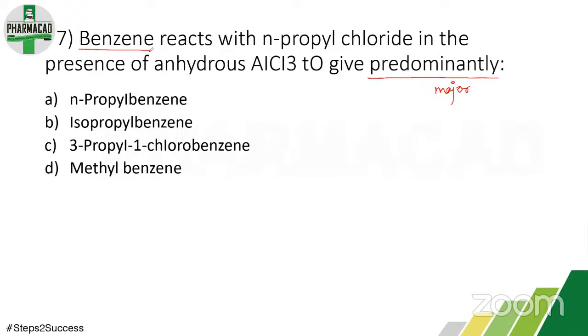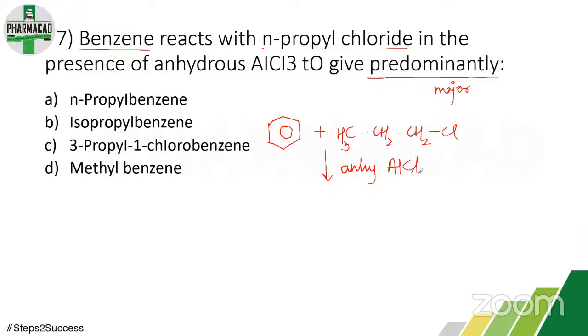So benzene with n-propyl chloride. Propyl means 3 carbon atoms: CH3, CH2, CH2, Cl. This is n-propyl chloride in the presence of anhydrous AlCl3, a Lewis acid. So this reaction is Friedel-Crafts alkylation.